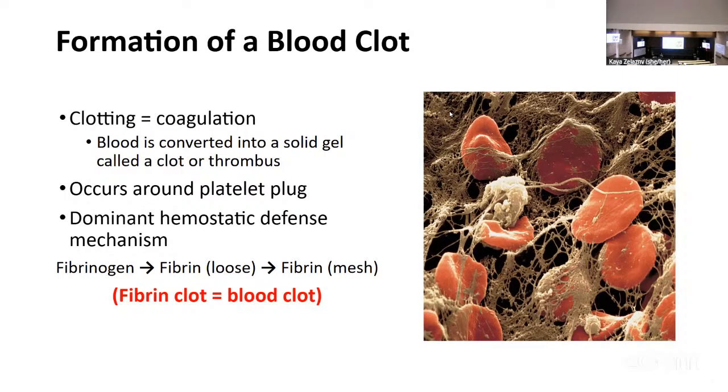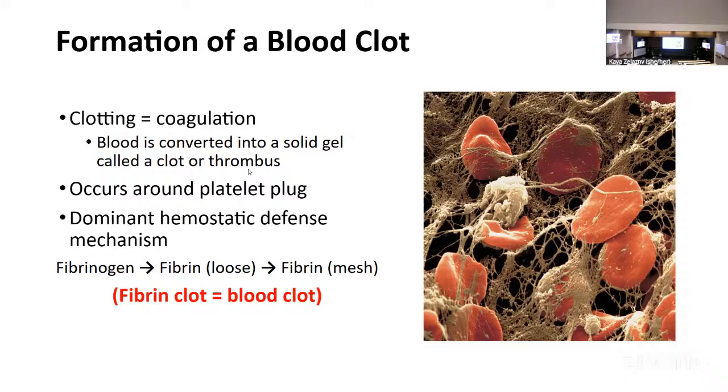So what we're trying to do is create this kind of solid gel made of fibrin and eventually trapping some blood in there as well to plug over that hole. And formally, we're going to refer to that clot sometimes as a thrombus. Okay. So a thrombus is just the same thing as a blood clot.